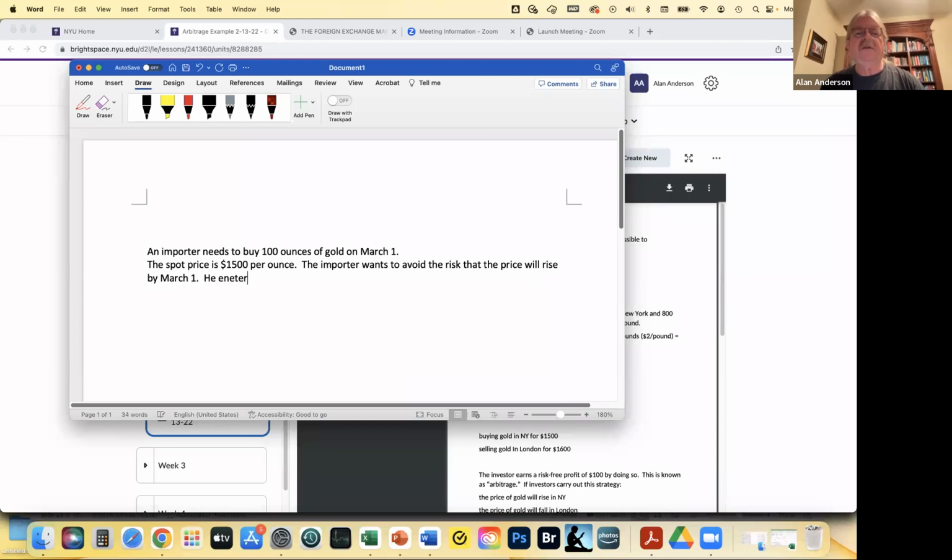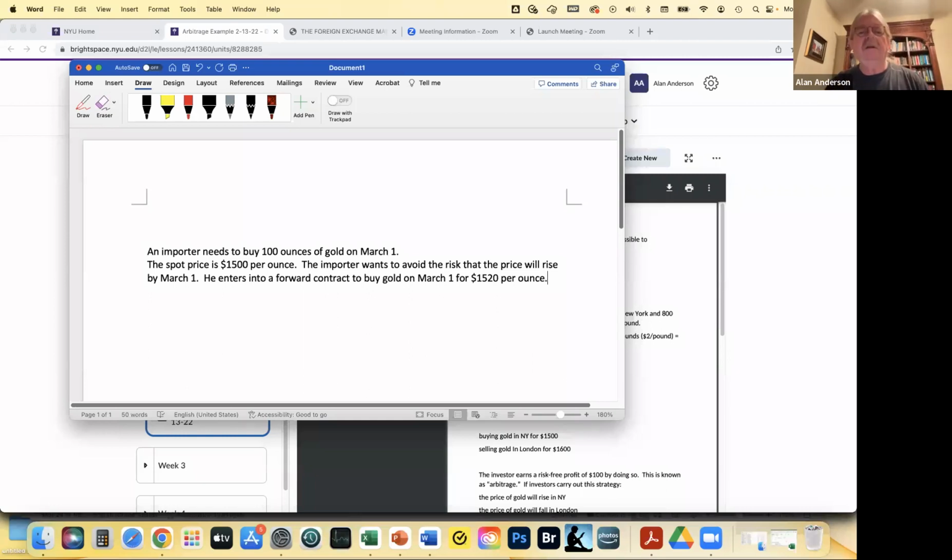He enters into a forward contract to buy gold on March 1st. Let's say the price that he's quoted is $1,520 an ounce. In this case, it's slightly higher.